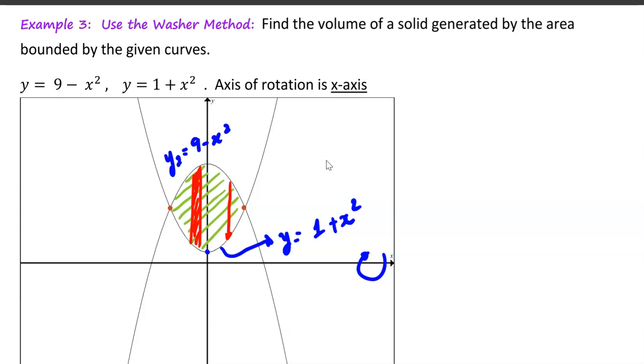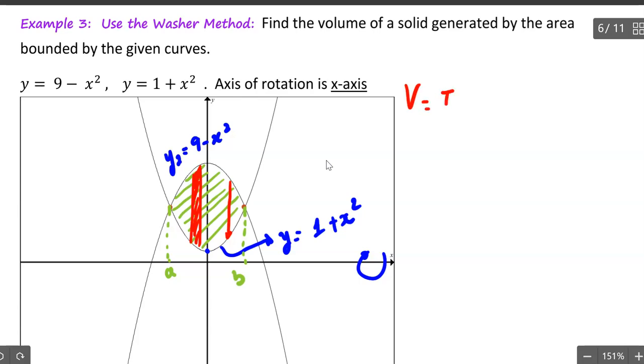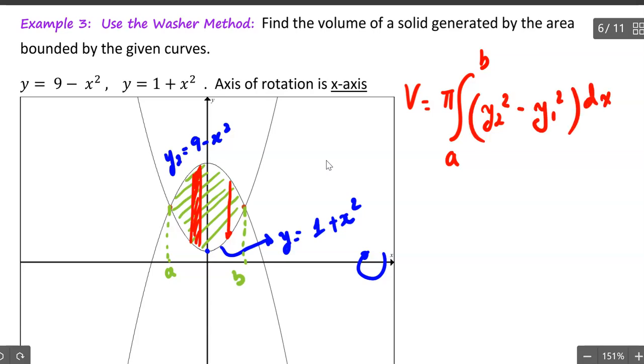First of all, I would like to mention that we need the two values for the upper and the lower limit, the a and the b. The formula we have to work with is V equals pi integral from a to b of y2 squared subtract y1 squared, integrate in terms of x.